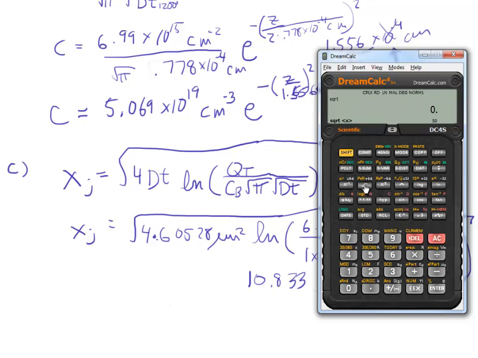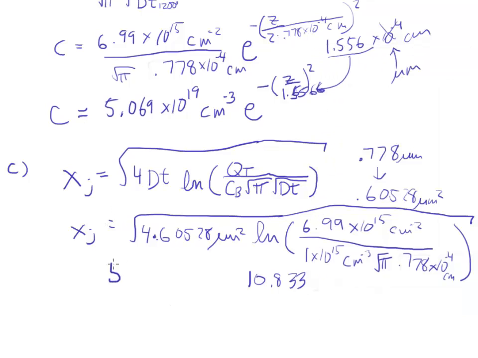If I take the square root of that and enter, I get 5.0, and if I had included a few more digits, I would have gotten 5.124, but anyway, I get 5.0 microns, or close to that.